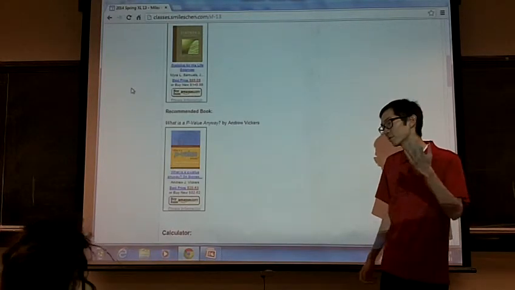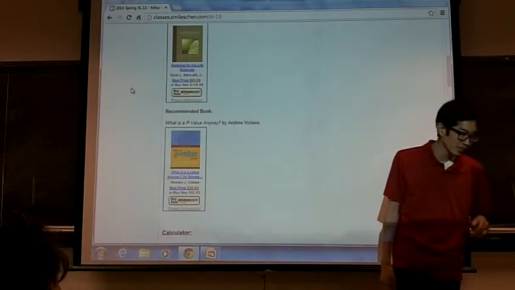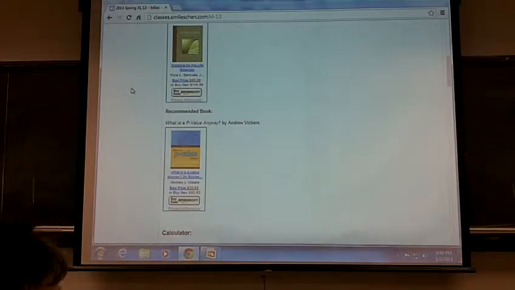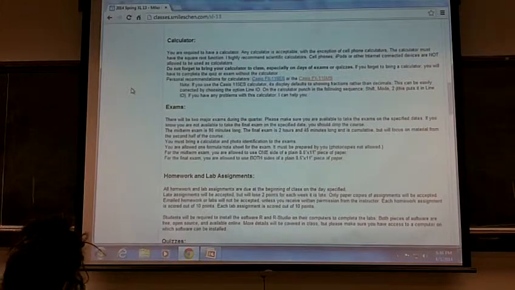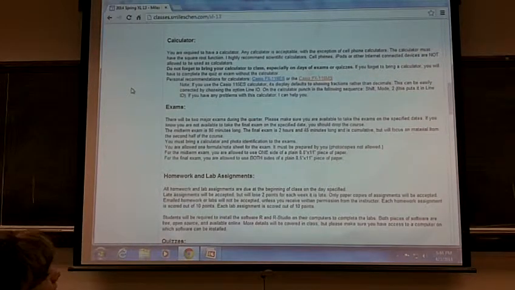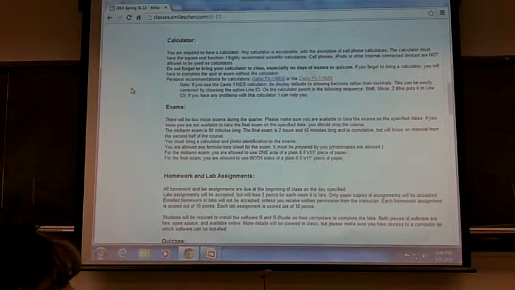So I think it's a good book, but again, not required. That one's optional. Okay, you need a calculator. Most of you already have a calculator. Many of you actually have a graphing calculator, which is more than adequate.